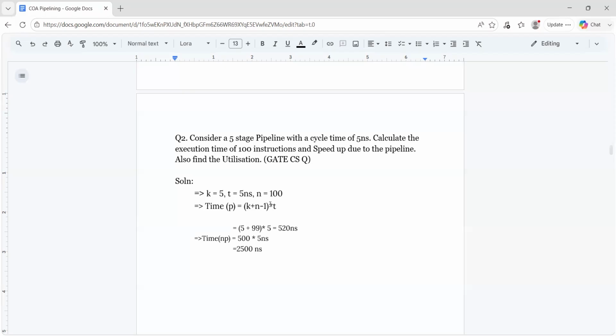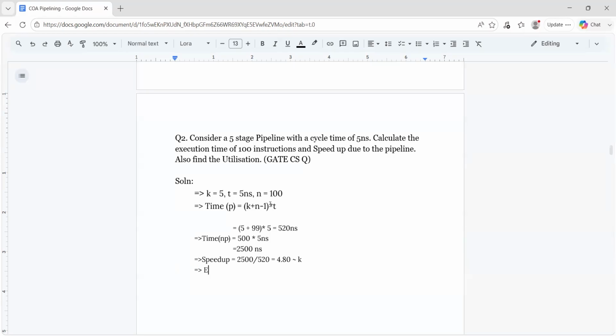What is the speedup? Speedup would be 2500 divided by 520, and thus we get the answer as around 4.80, which is approximately equal to the k value here. So as we increase the number of instructions, we will be able to attain this approximation.